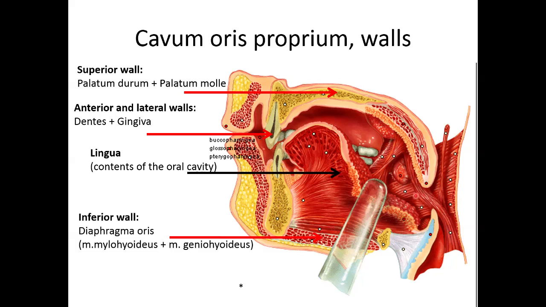So here we can find the opening, the orifice between oral cavity and pharynx, which is called fauces. Fauces.